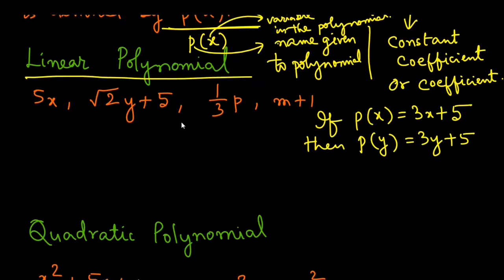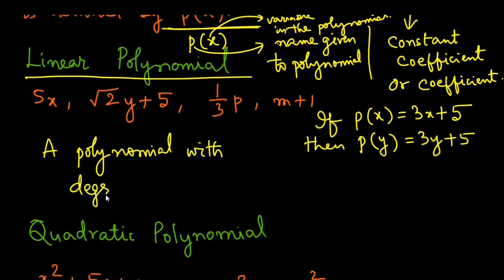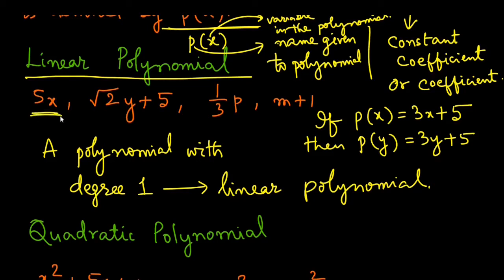Linear polynomial. What is a linear polynomial? The polynomials having degree 1 are called linear polynomials. A polynomial with degree 1 is called a linear polynomial. Here 5x, the degree of this polynomial is 1. So it is a linear polynomial.